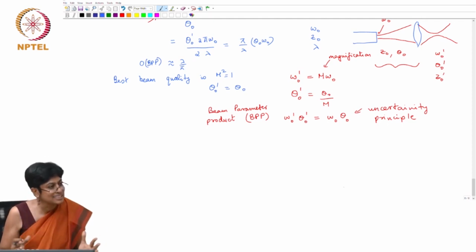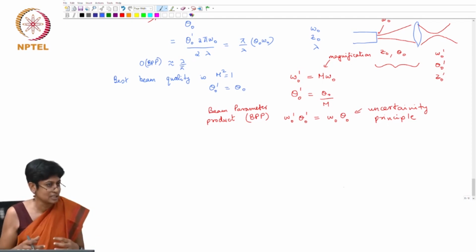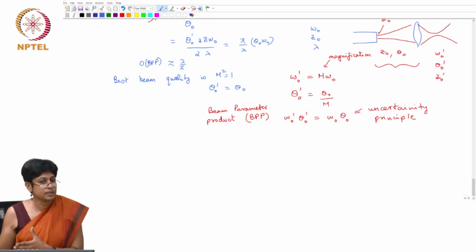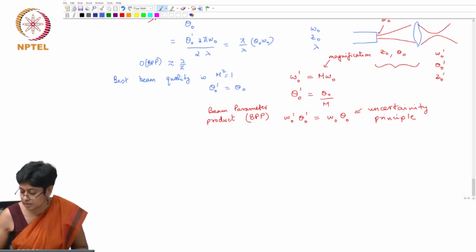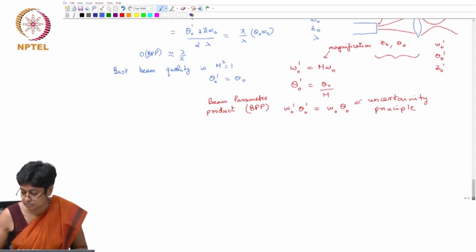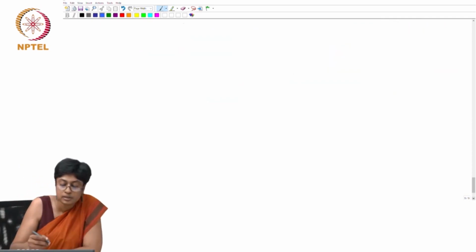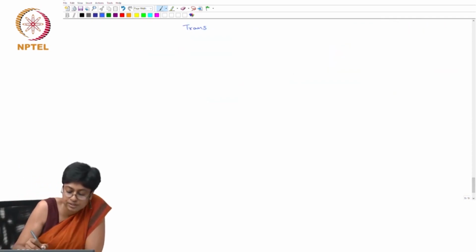So let's look at that in general and then use the results we get from that to look at what happens with a Gaussian beam and optics. Okay, so the next section is on transmittance. Let's just look at transmittance of an element.